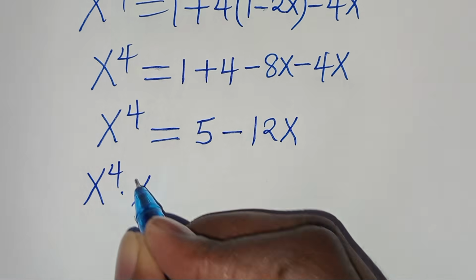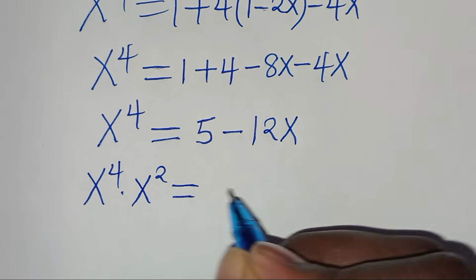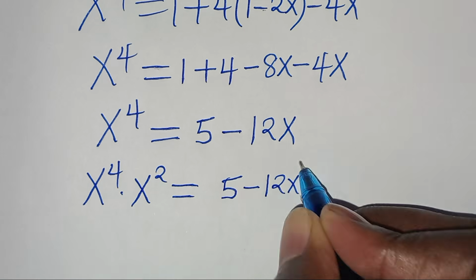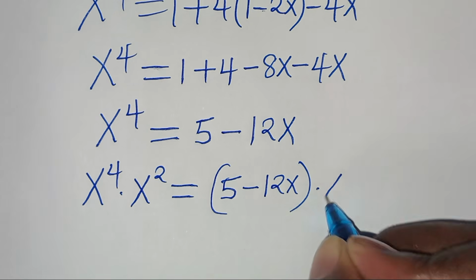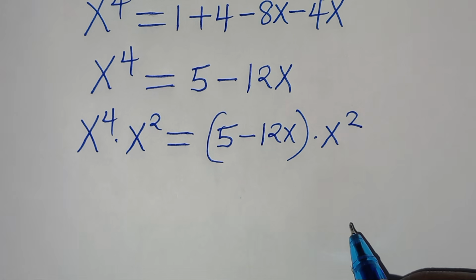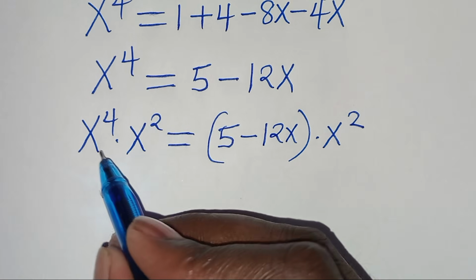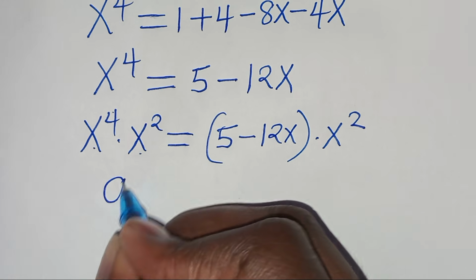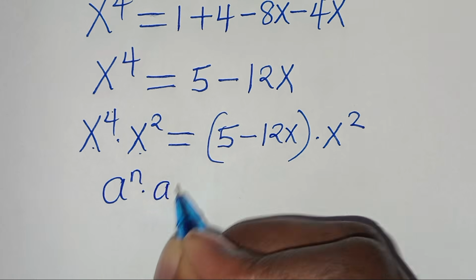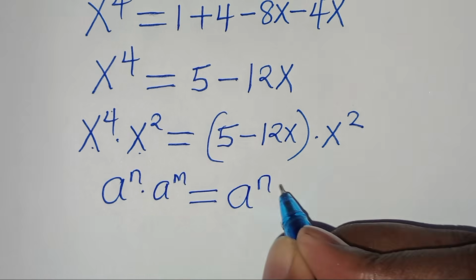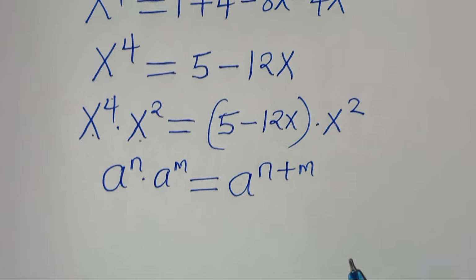Now we have x to the power of 4. Let's multiply by x to the power of 2 on both sides, so this is 5 minus 12x multiplied by x to the power of 2. So this implies x to the power of 4 times x to the power of 2. This is in the form of a to the power of n times a to the power of m, which we can express as a to the power of n plus m.